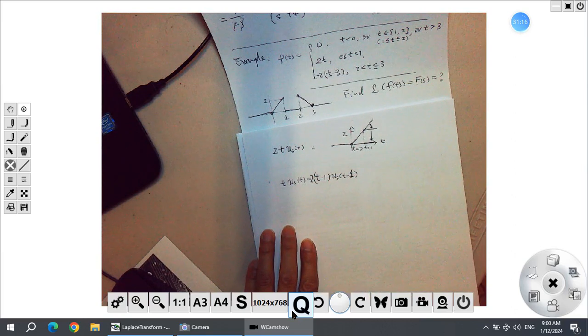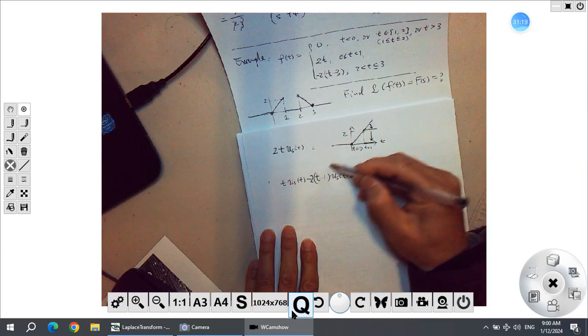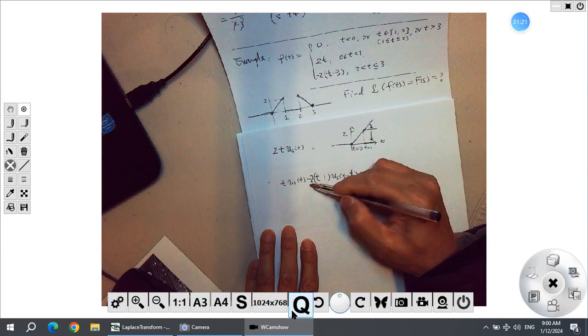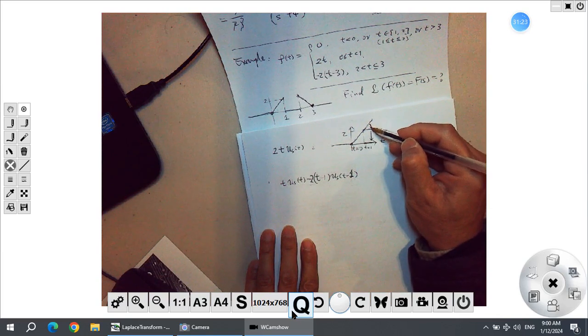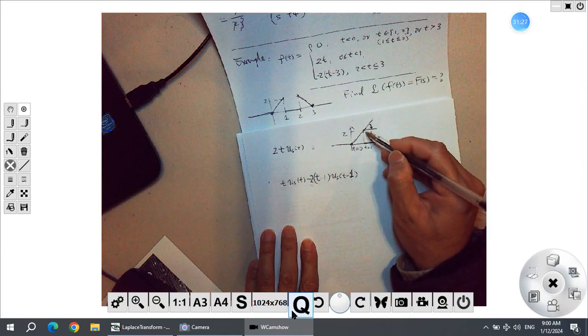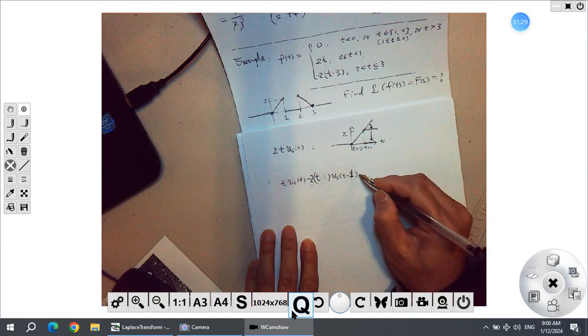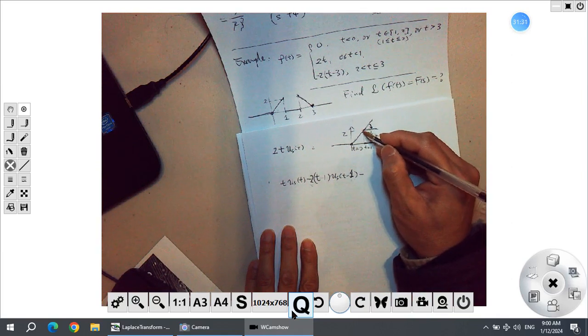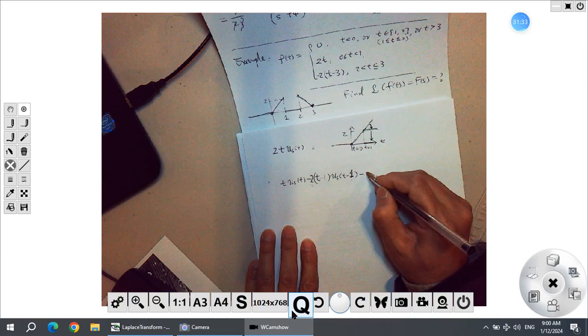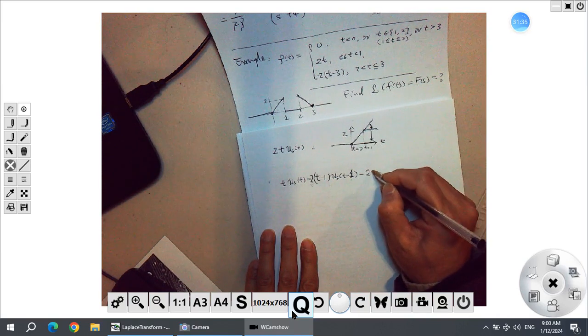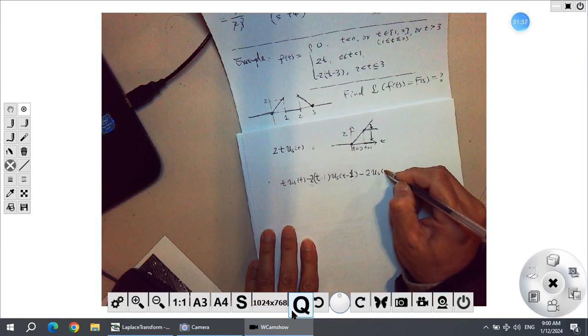We need to subtract this. After subtracting this ramp, the slope goes down. Yeah. Now after subtracting this, we get this line, and then here's a step, right? Just put it down. So minus 2 times u(t minus 1).